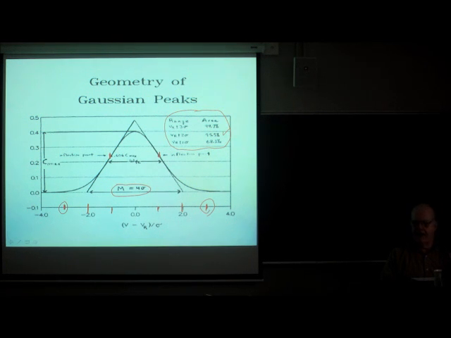In order to get M, what you do is you draw a tangent to each side of the curve, where the tangent is tangent to the curve at each inflection point. So it's tangent here and it's tangent here. You take those tangent lines and you extrapolate them back until they penetrate the baseline.